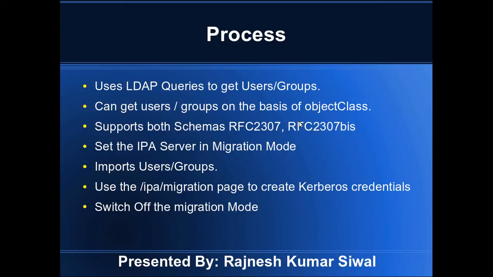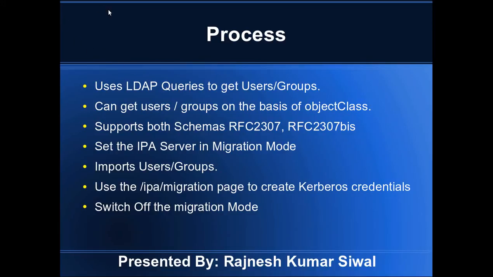So we set the IPA into migration mode, import users and groups, and then one thing to be noted is that IPA fills its LDAP directory server with the users with the same passwords that were present previously on the OpenLDAP or 389 directory server.